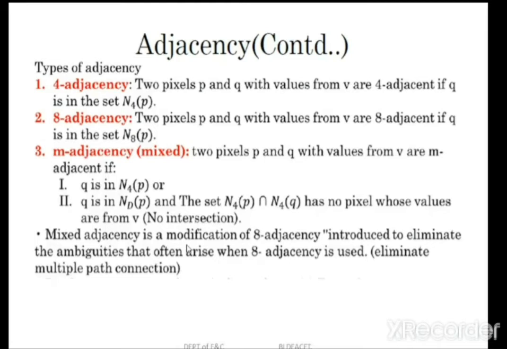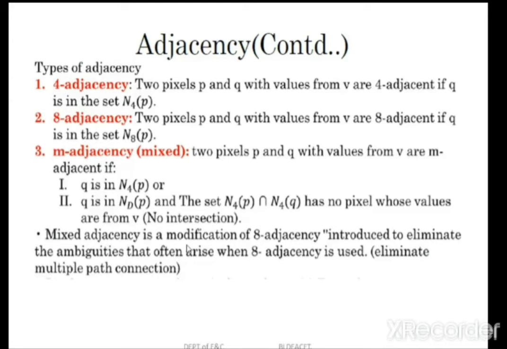That second condition is that Q must be in ND of P, and the intersection of N4 of P and N4 of Q should not have any pixels from the set V. That is, the intersection between N4 of P and N4 of Q should be empty, and Q must be in ND of P. Students, please try to understand M adjacency.